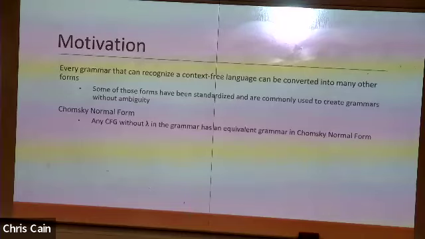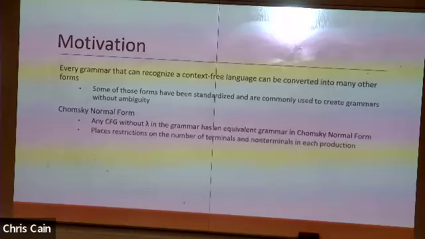We talked about how to remove lambda from the start, at least. So we'll go into exactly how to change a grammar into Chomsky normal form. It will place some restrictions on the number of terminals and non-terminals in each production, and we will show that any other grammar can be shown in Chomsky normal form.